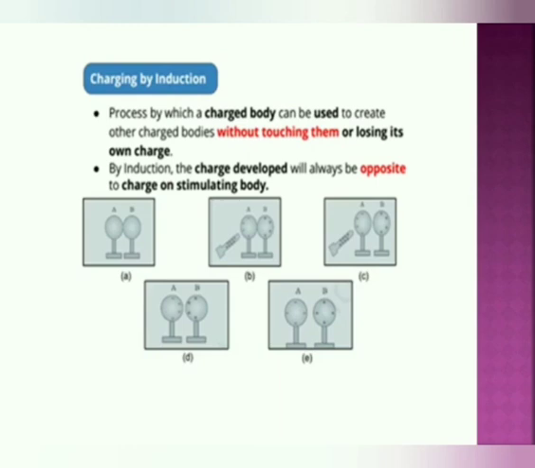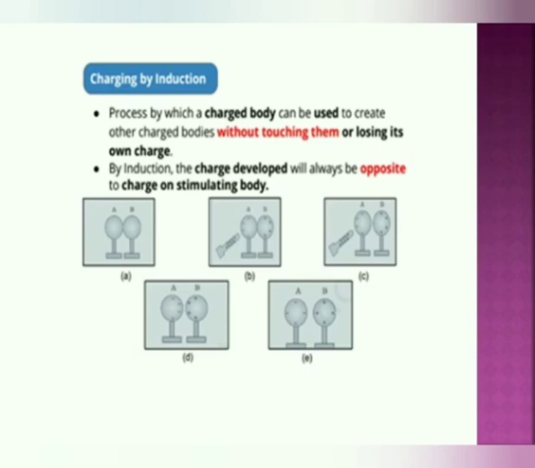The third process is charging by induction. Remember, in this there would neither be rubbing of two bodies together nor will they be touching each other. By induction, the charge developed will always be opposite to the charge on the stimulating body.